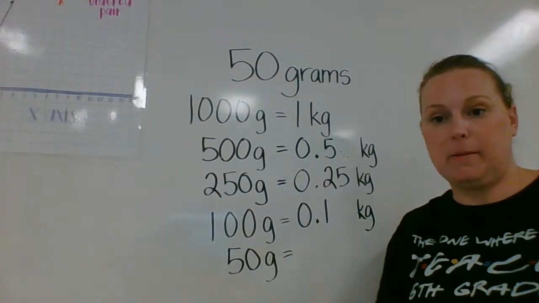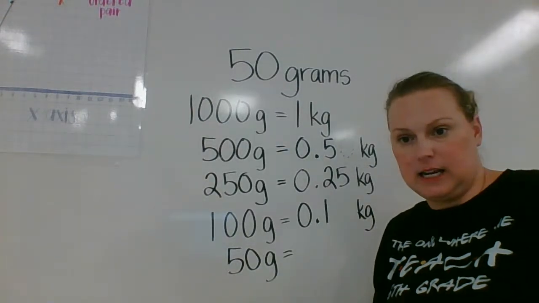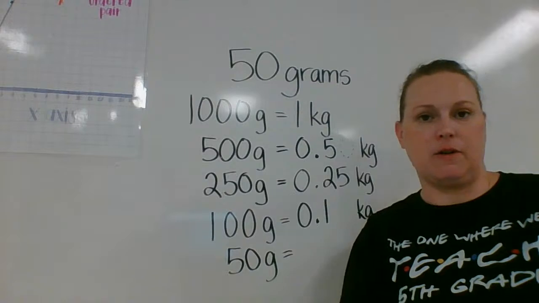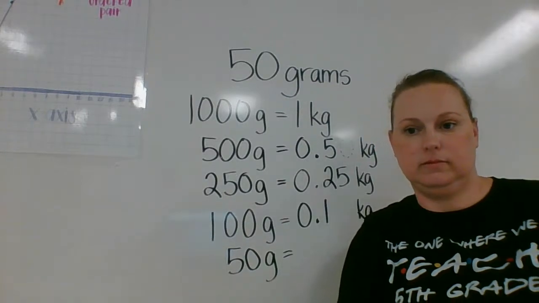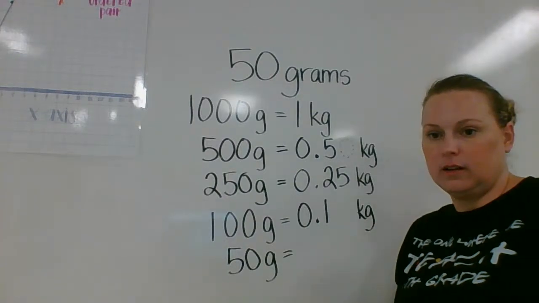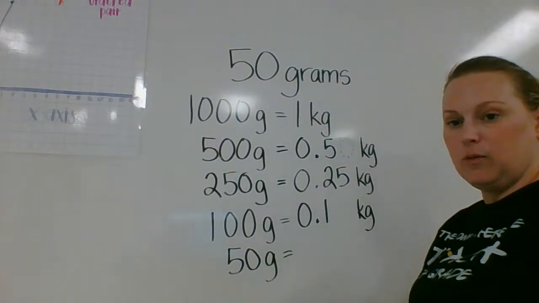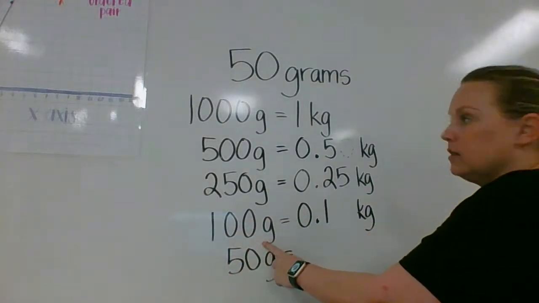Did you guys want me? Yes, Brandon, you are right. Did anybody want me to explain it the other way with moving the decimal point? It's not 1/10, Karina, because 1/10 is equal to 100 grams.